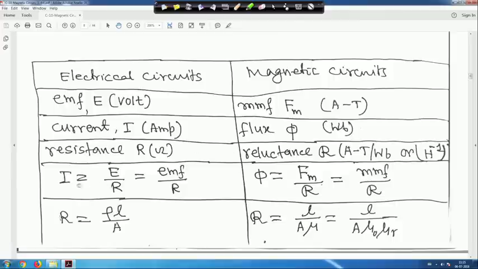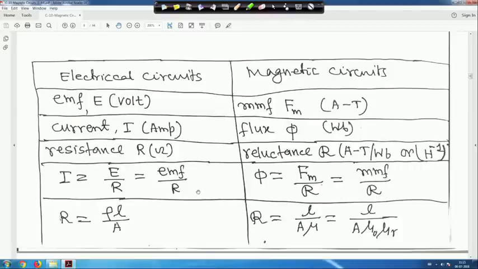Current I is equal to E by R, and analogously flux phi is equal to Fm upon R, that is MMF upon reluctance.